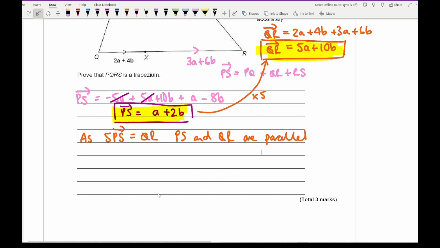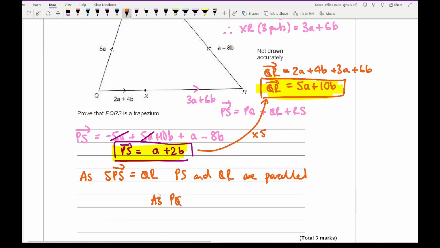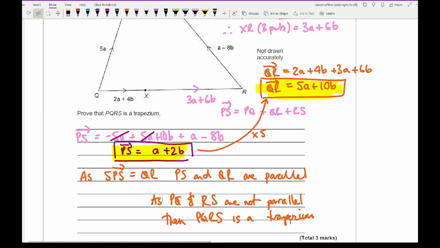And as we know, PQ and RS are not parallel. Oh, what's happened there? Then PQRS is a trapezium, because in a trapezium there's only one set of parallel lines, and that should be good.